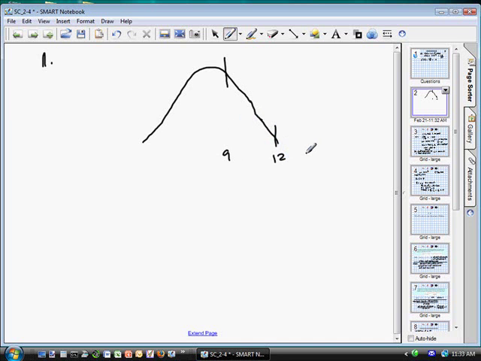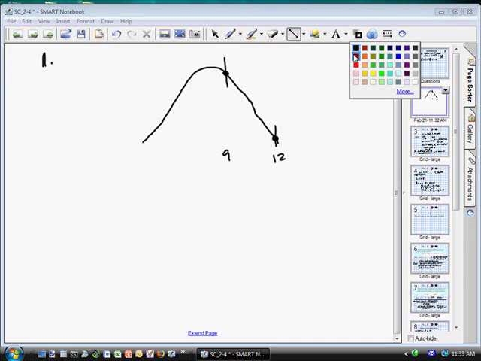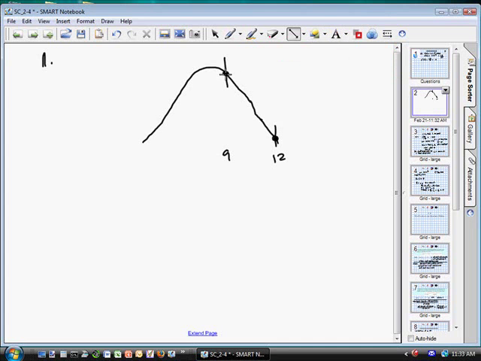Now, this isn't done very well because that's supposed to be curved. But what you would do is take a point as close as you can to where 9 hits, pick a point as close as you can to where 12 hits. Literally, think of it as being a line segment that connects the two. And then basically what you want to do is find the slope.